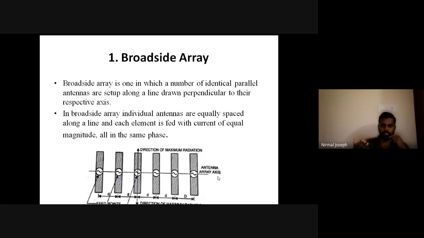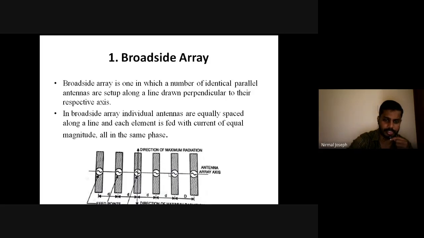The direction of maximum radiation will be perpendicular to the antenna array axis. You can see the direction of maximum radiation, that arrow mark, is perpendicular to the antenna array. The direction of maximum radiation is bidirectional; it will radiate towards both sides.